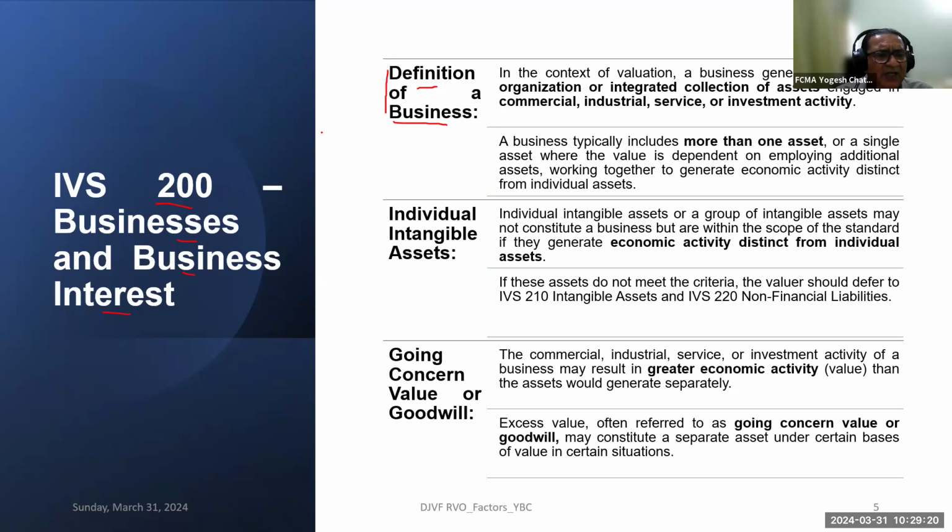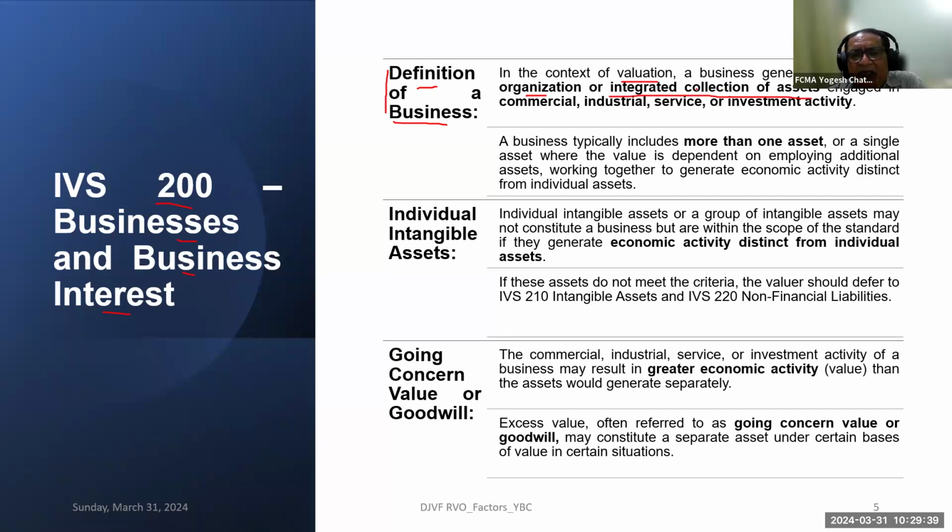Here, from each asset standard, 8 in all, I have incorporated brief guidance. In the context of valuation, a business generally involves an organization or an integrated collection of assets.